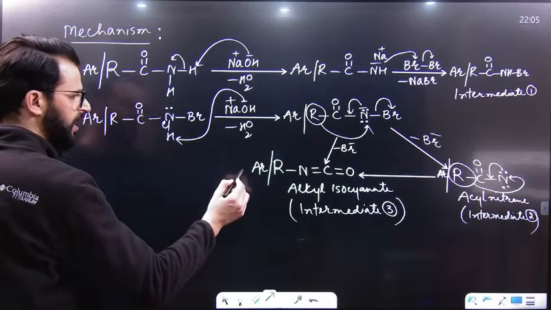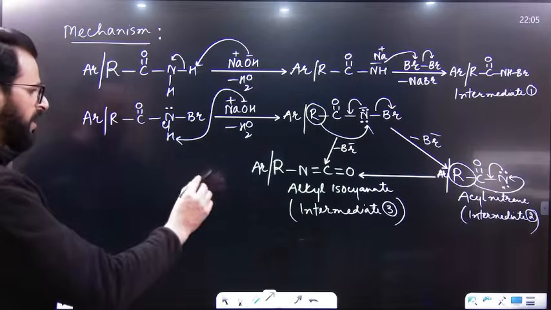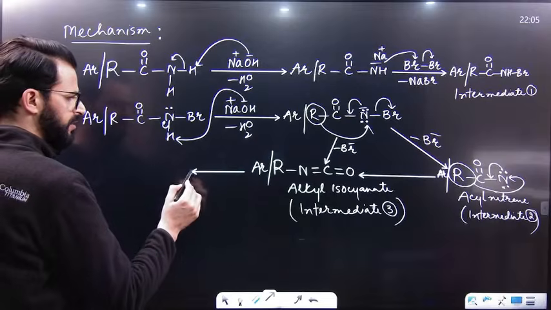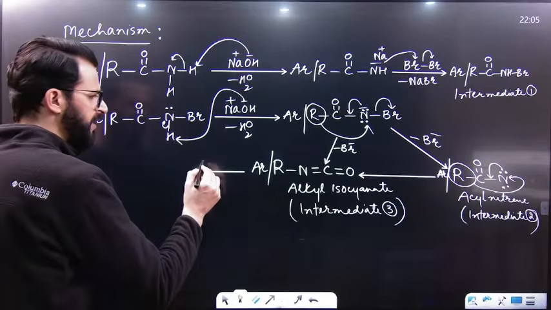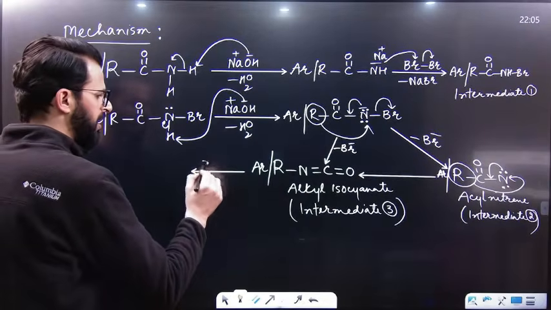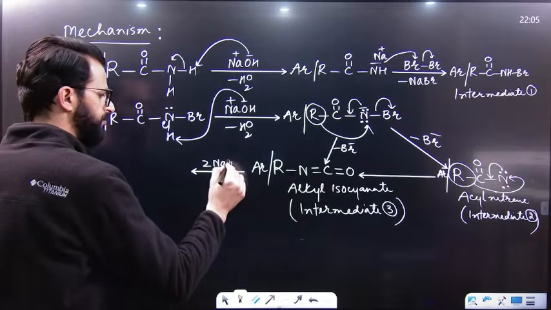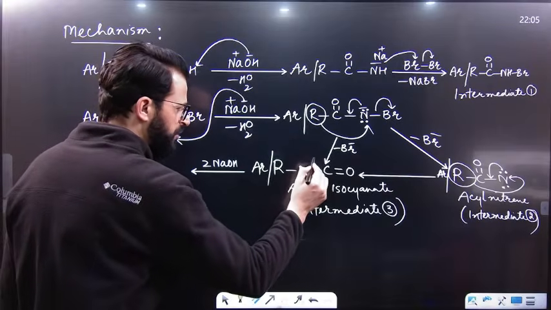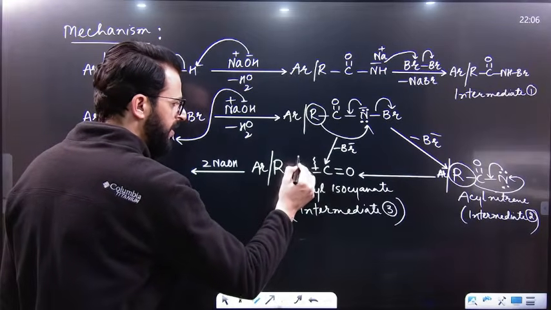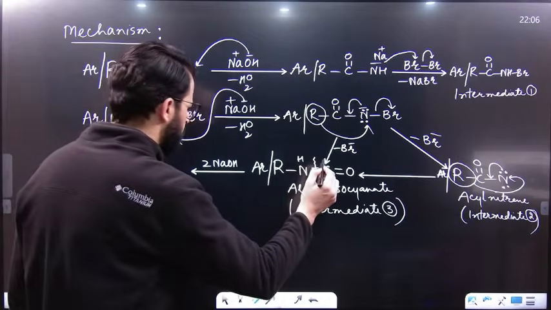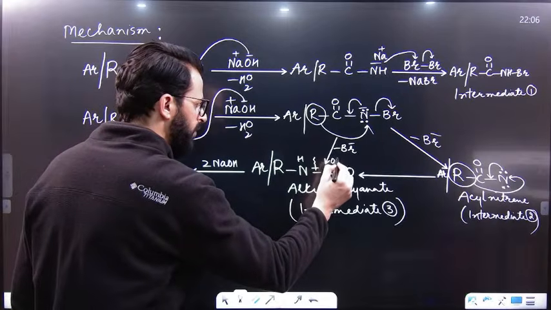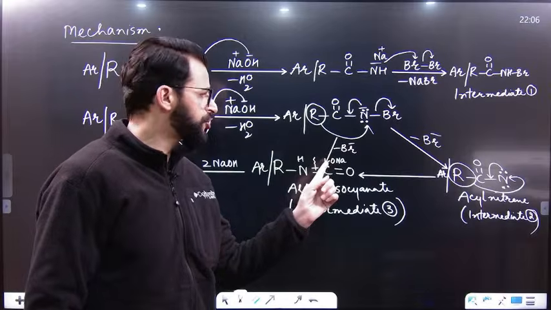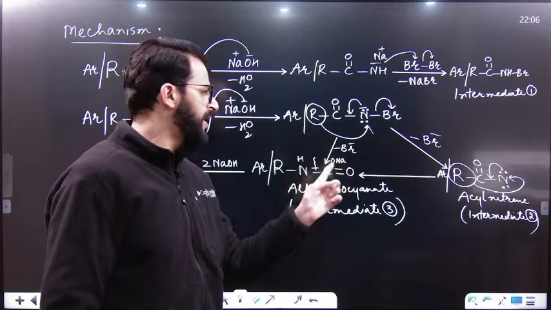After this, this intermediate, alkyl isocyanate, I will directly write that it reacts with the other 2 moles of NaOH, and it will result in the formation of, have a look. You just break this bond and add H over here and ONa over here. Basically OH will be added, but OH will lose H positive and Na positive will be there.